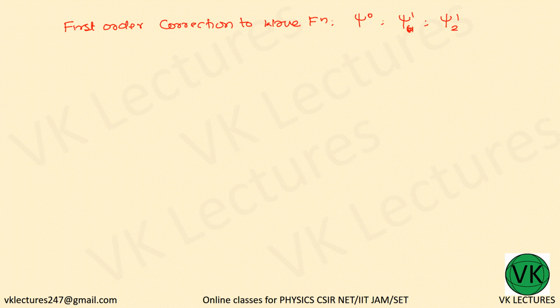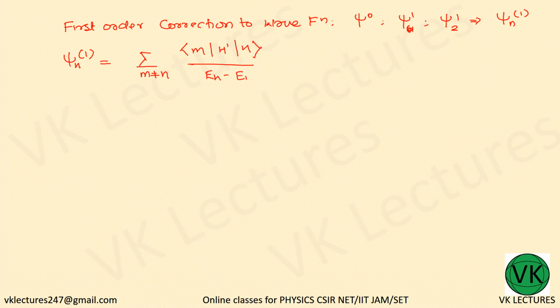In general we write psi n of 1, the first order correction to the nth state, equal to the sum over m not equal to n of m h dash n, divided by En naught minus Em naught.